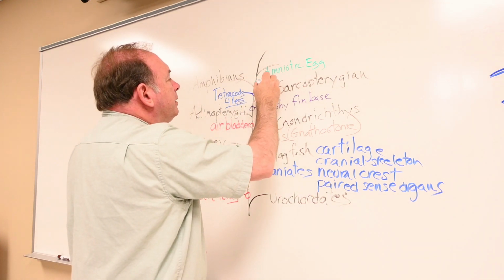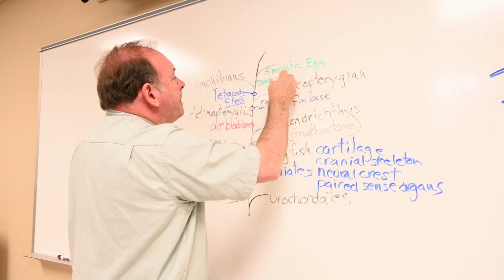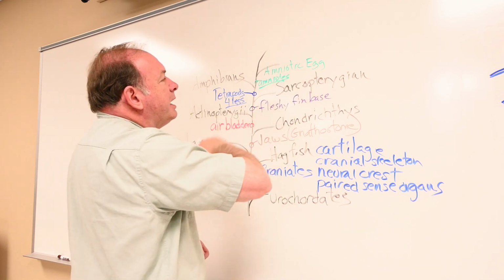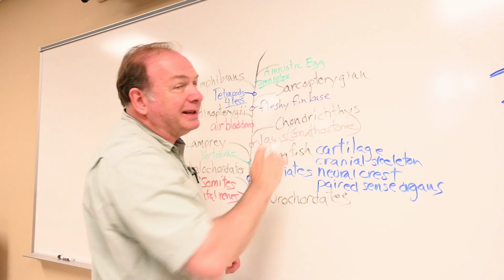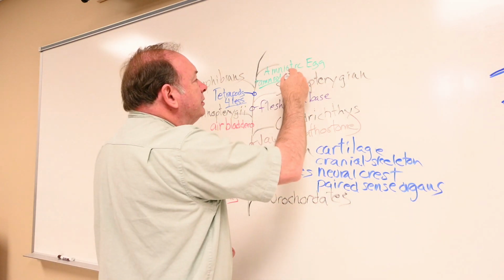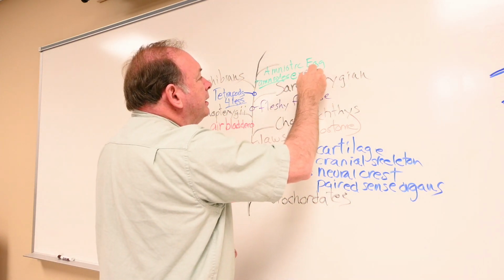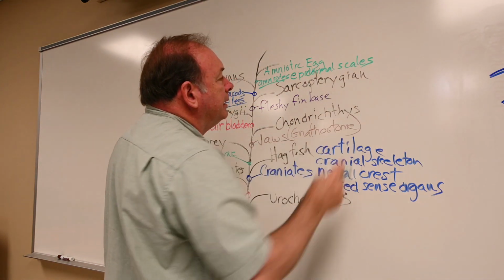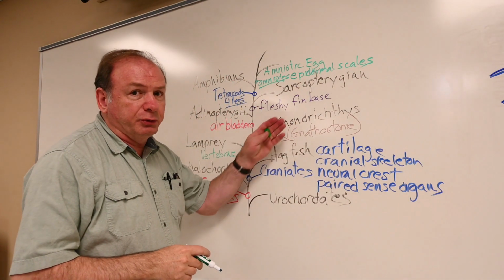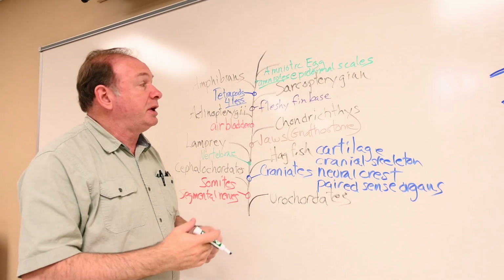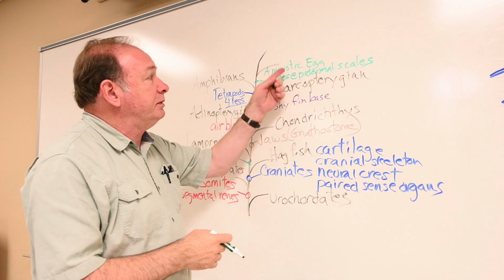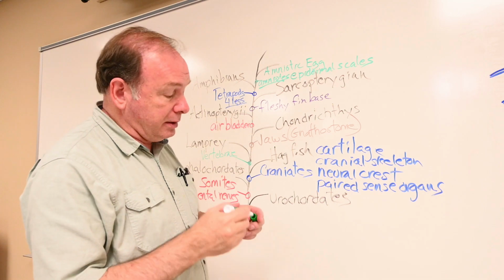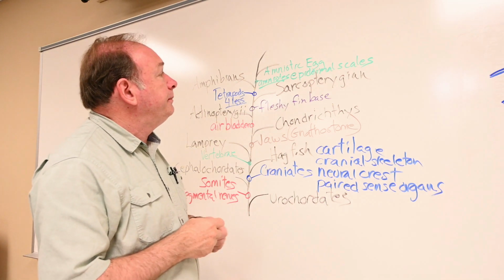Make that note here, amniotes. All of these, so the amniotic egg. Also the existence of epidermal scales. Now, you know fish have scales, but they're not epidermal. They're dermal scales. So the first time we see epidermal scales is up here with the amniotes.